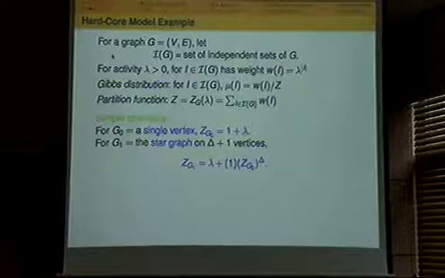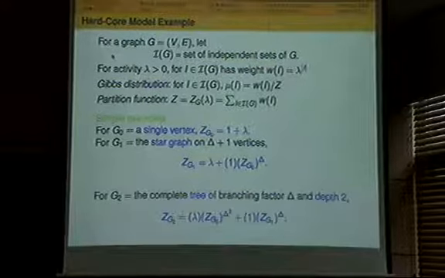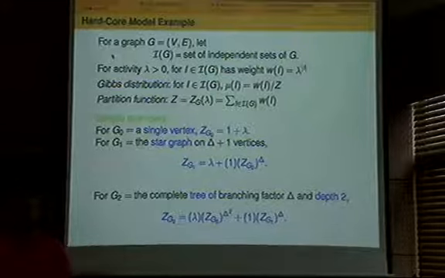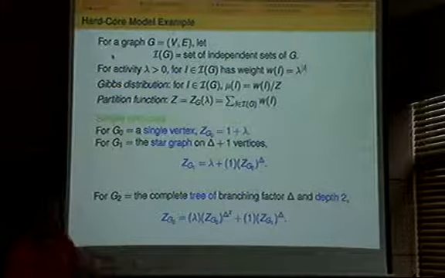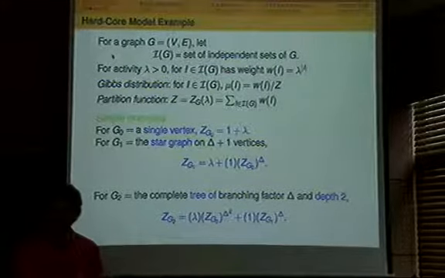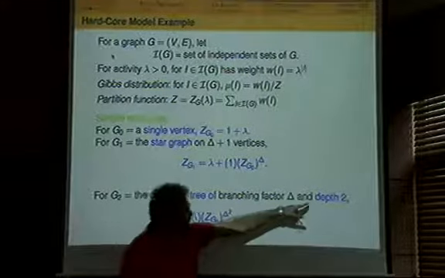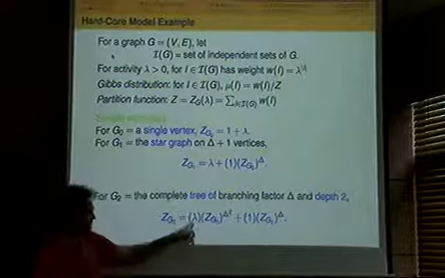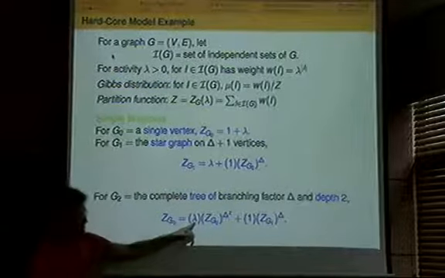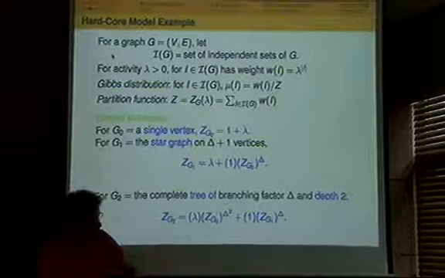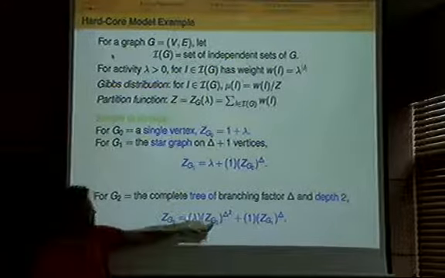So what I want to get across is that on trees you get a recursion. You can write the partition function for a tree of height h in terms of trees of height h minus 1 and h minus 2. If you go to a tree of depth 2, then either I occupy the root, in which case all of its children can't be occupied, and then I have delta squared independent vertices.